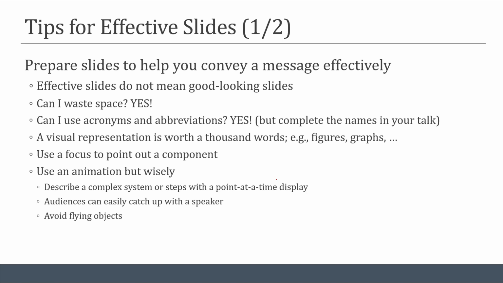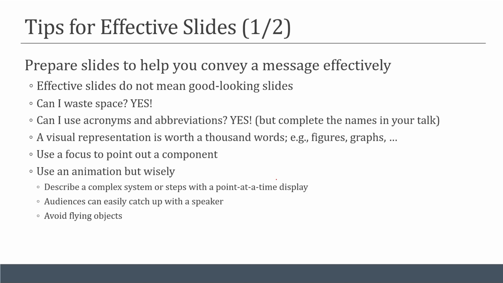You can also use acronyms or abbreviations, but you should complete the names in your talk if these acronyms or abbreviations are not common. But you can use the common terms, common acronyms like API. You don't need to talk about what the API is. Everybody knows application programming interface, right?